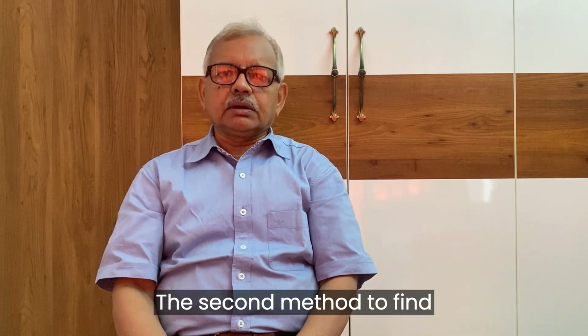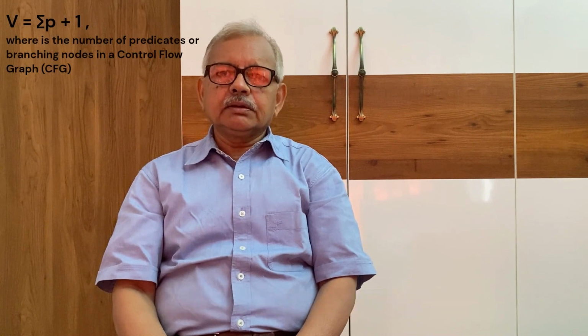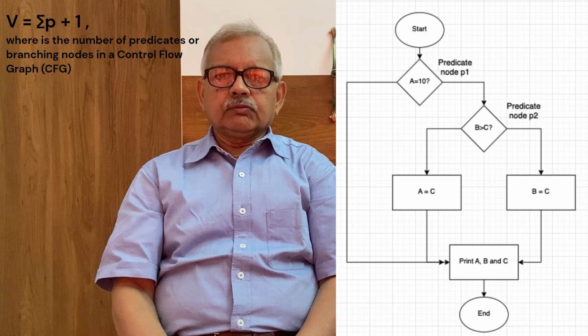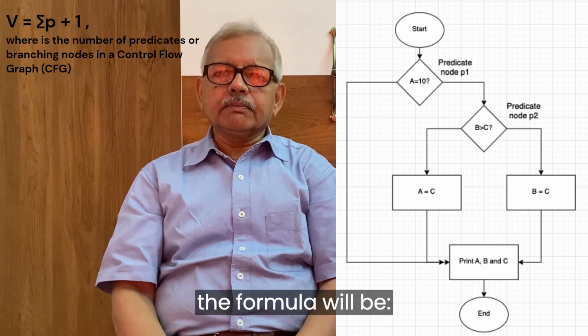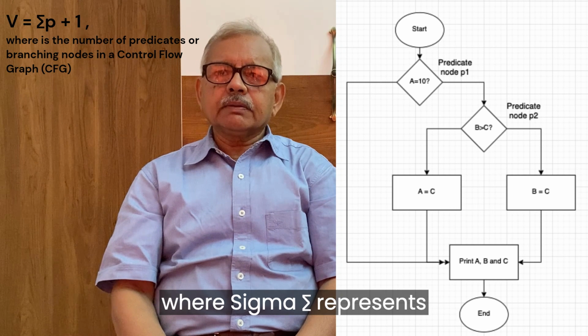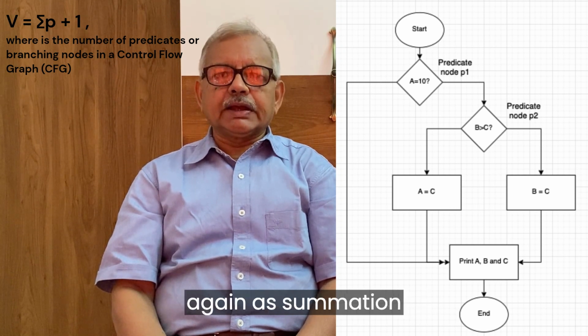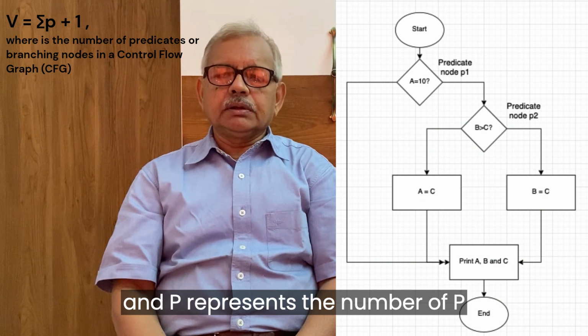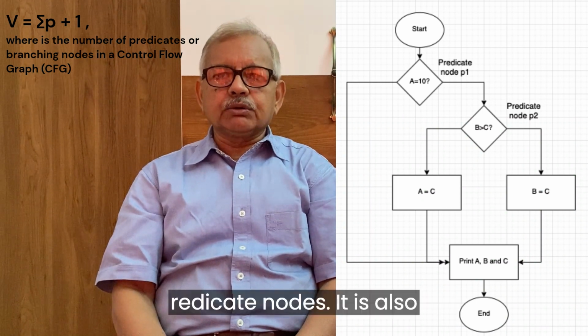The second method to find cyclomatic complexity: the formula will be V = ΣP + 1, where Σ again represents the summation and P represents the number of predicate nodes.